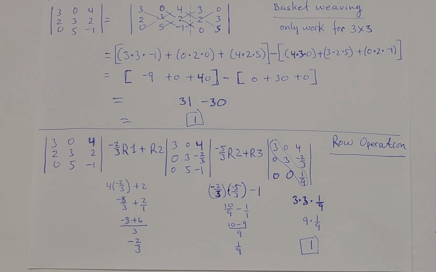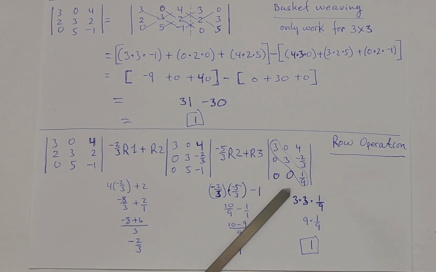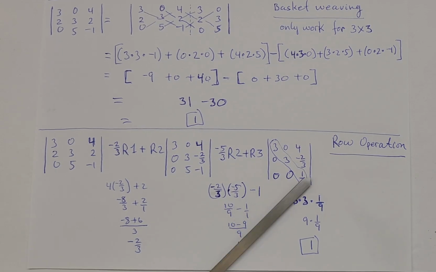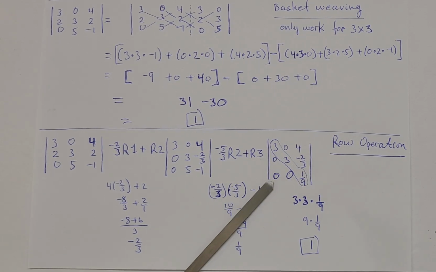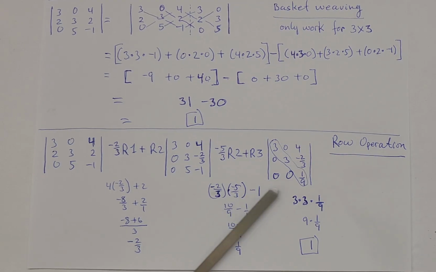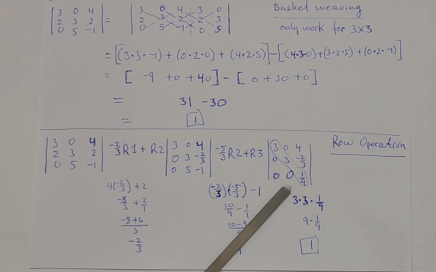And as you notice something about this last matrix, this last form, does this look very familiar from a previous lesson? This is the upper triangle in LU factorizations. Again, does this look familiar with LU factorizations?